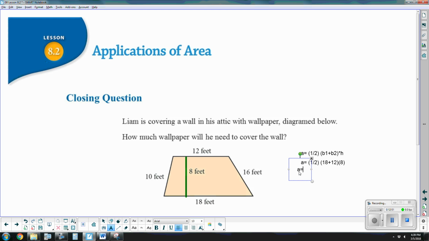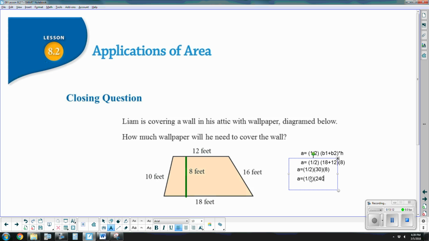So continuing on, now we're just using algebra here. So we've got 1/2 of 30 times 8, and 30 times 8 is 240.